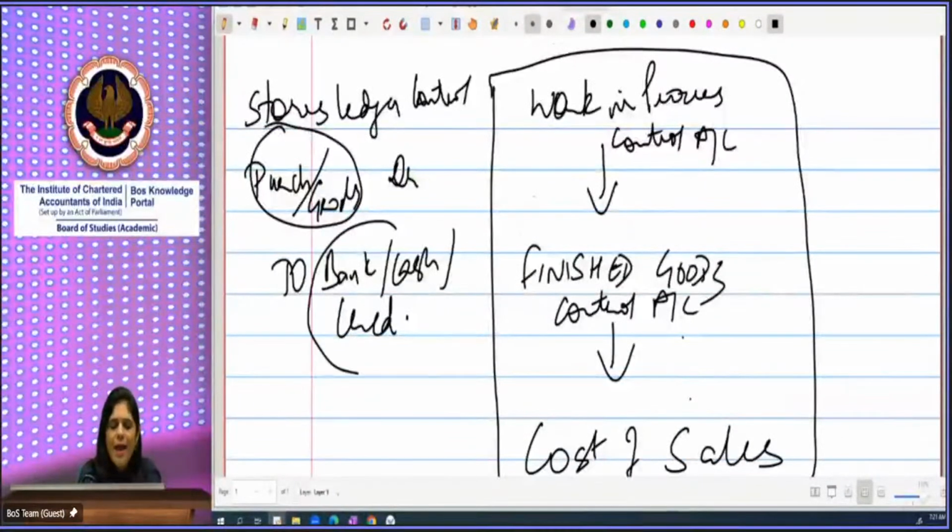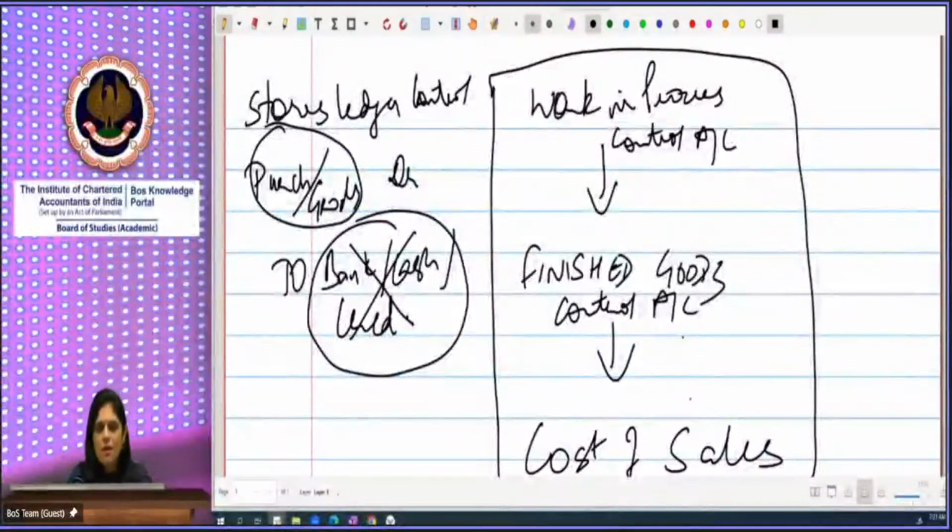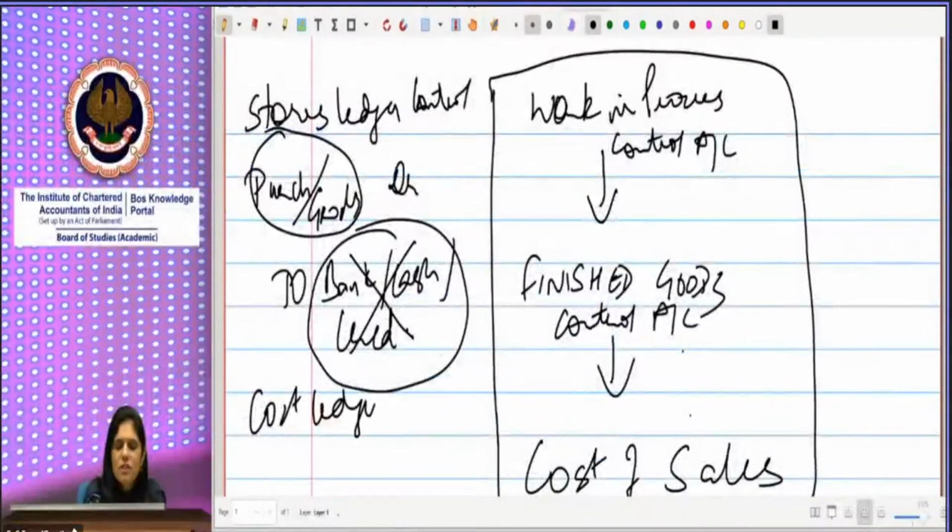Now, bank or cash or creditors are financial terms. We can't use them in cost accounting. Since we can't use these terms, how will we complete the double entry? To bridge the gap between cost accounting and financial accounting, we use the term cost ledger control account.